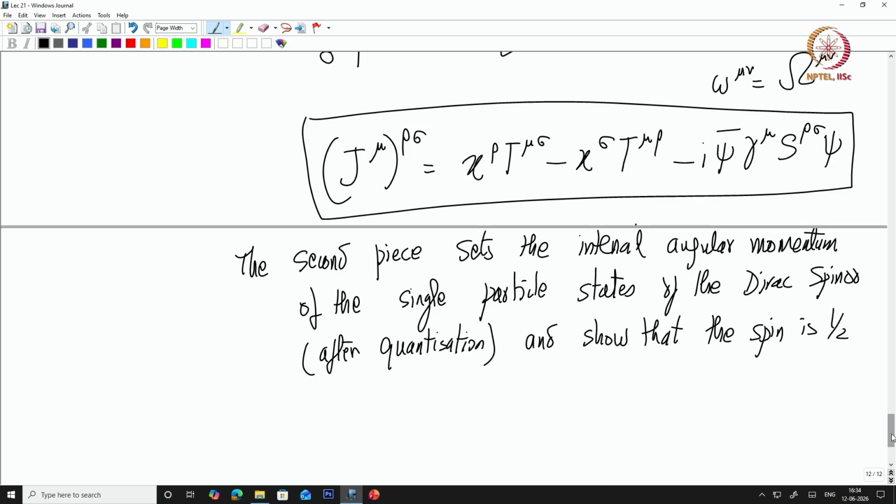The one particle states after the quantization will end up having spin equal to half. There is an easier way of doing this, which we have done in the relativistic quantum mechanics course, by writing it in terms of the Pauli equation, which is nothing but doing the non-relativistic reduction and everything essentially.